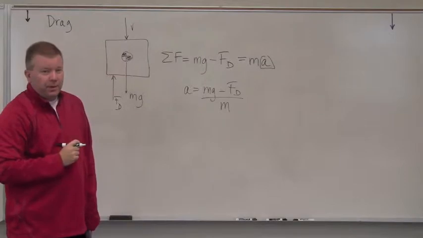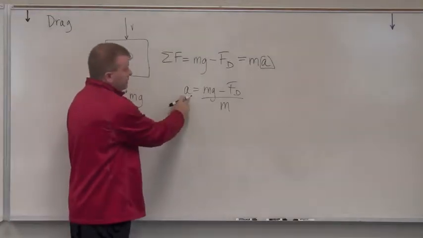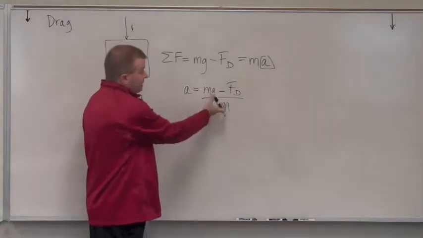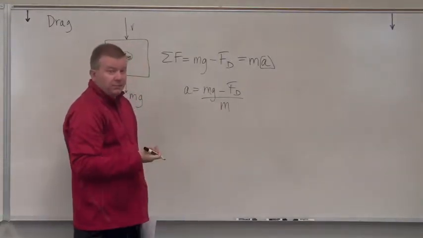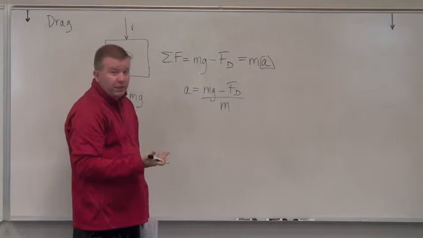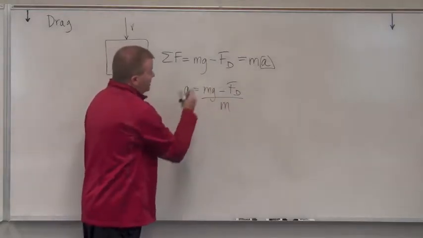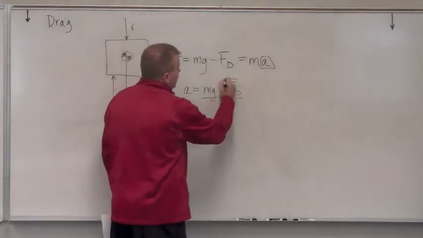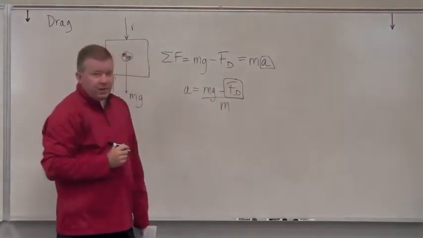Our acceleration is going to be changing because the drag force is going to be changing. The mass of the thing doesn't change, hopefully, unless it's falling apart, which is a really bad idea, but you could do it. So it's really this drag force that we've got to figure out.